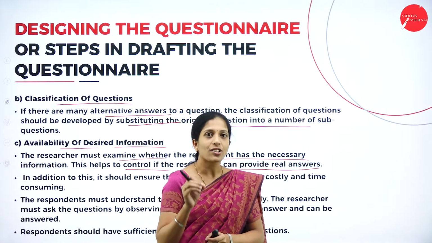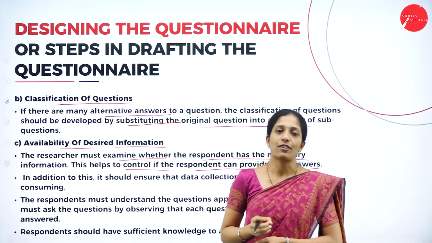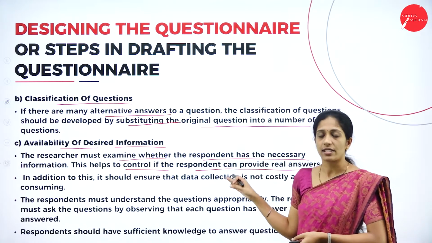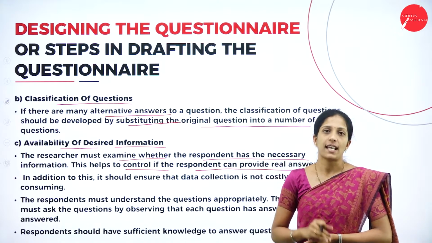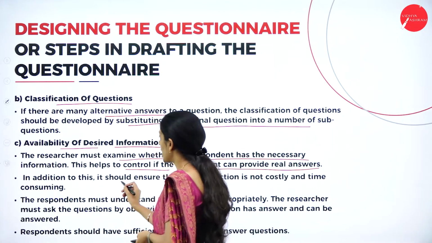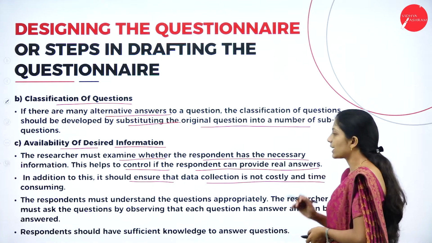So here the researcher has to know who has taken an education loan. From them, he has to collect the information. Those from whom we will get the exact answer to a particular question have to be selected as respondents.